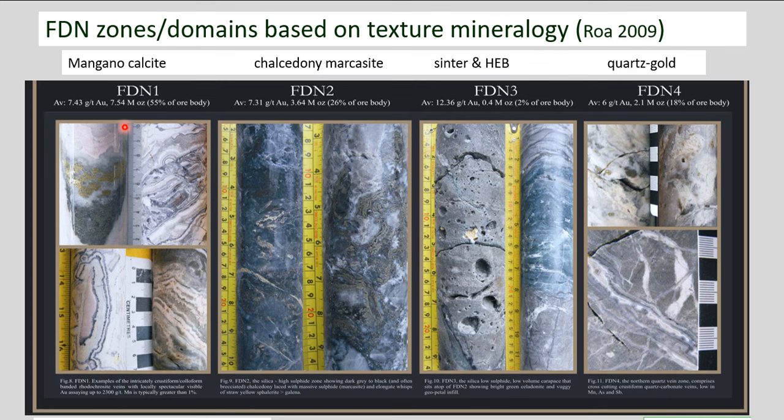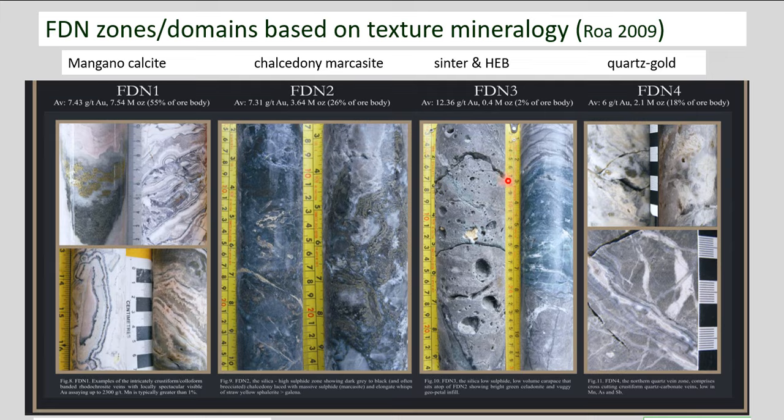The second zone, FDN2, is next to that. That is chalcedony with marcasite. In the right-hand picture, you can see that the chalcedony is brecciated. It's partly recrystallized, which is the whiter parts of it, and it's infilled with banded marcasite that's partly inverting to pyrite. That's characteristic of that significant zone that runs along the western side of the ore body for quite a long way.